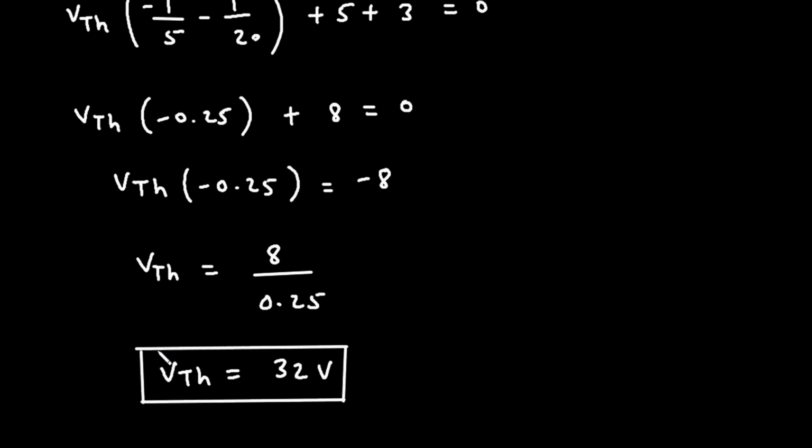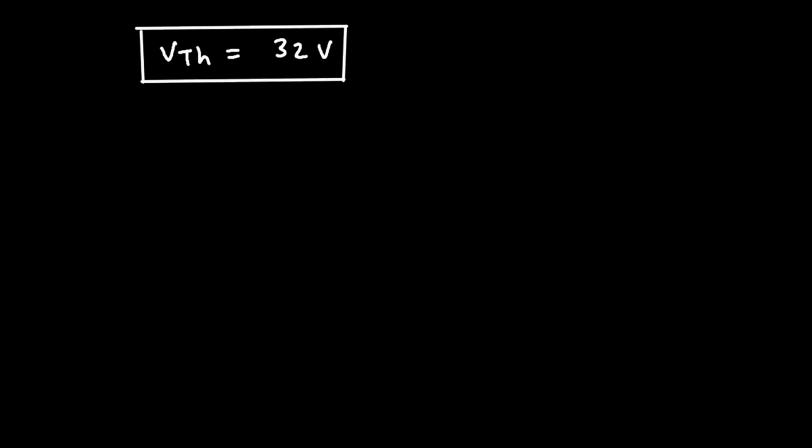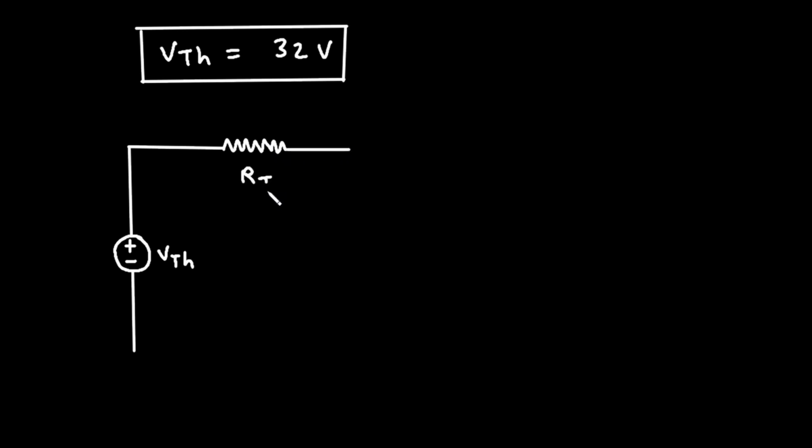Now we got the value of VTH and we also got the value of RTH. Now what we can do? We can draw the Thevenin's equivalent circuit. So this is VTH, this is RTH, and here this will be load resistor RL, which is absent here.